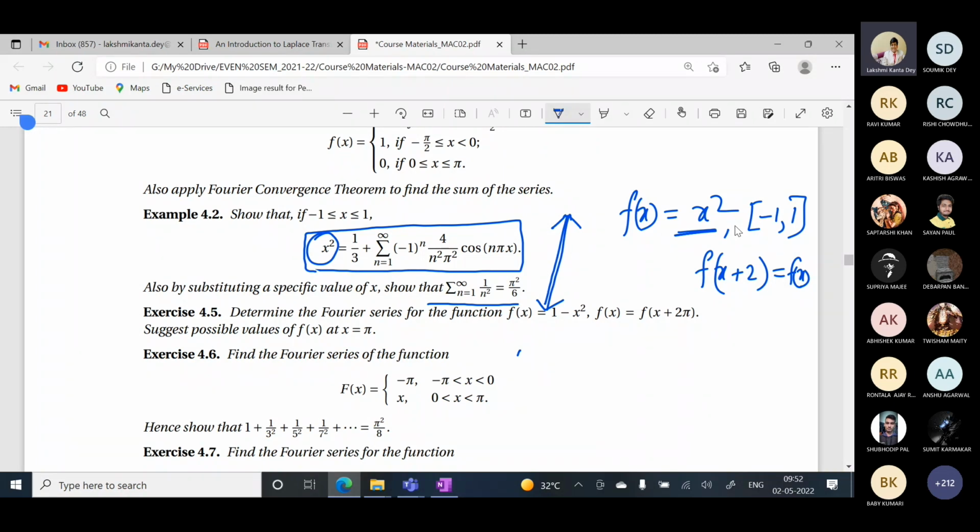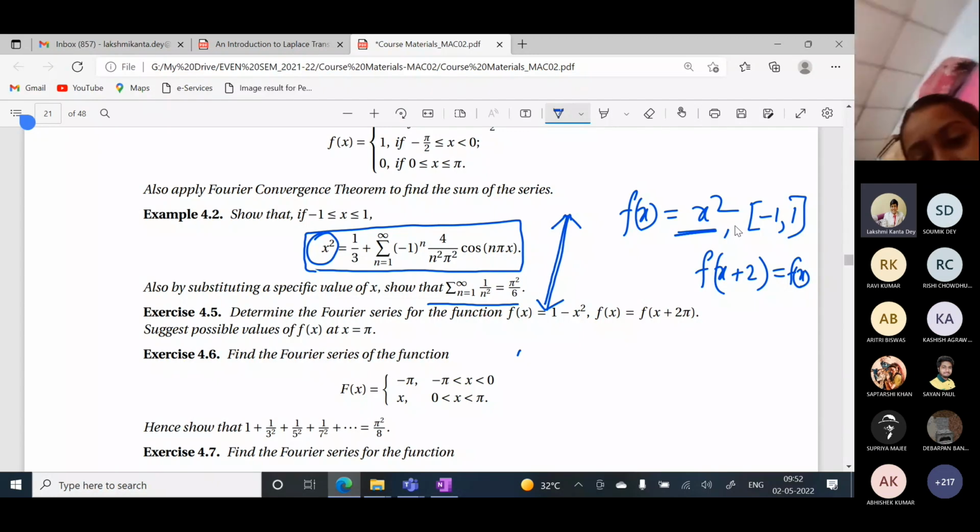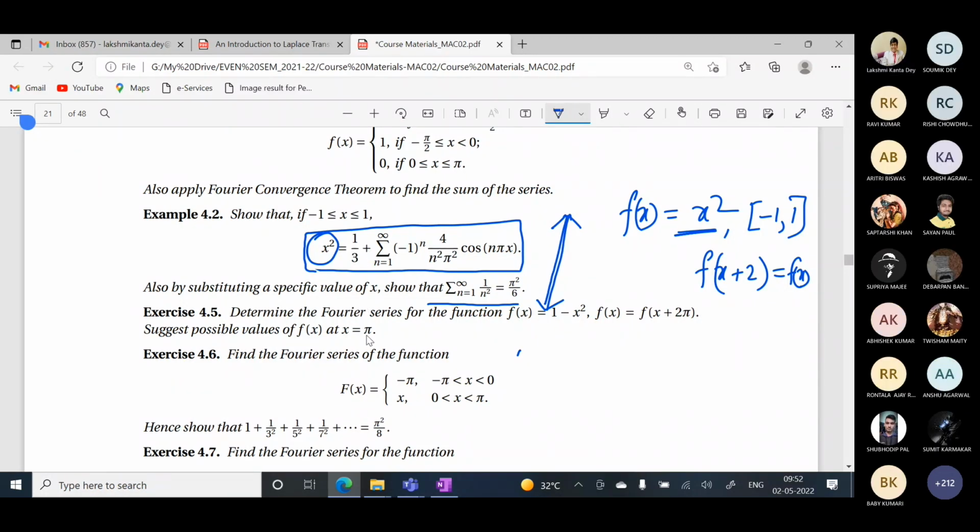And what is your a naught? You can find it immediately, because x square is the function. a naught will be 2 by 3, so half a naught means 1 by 3.